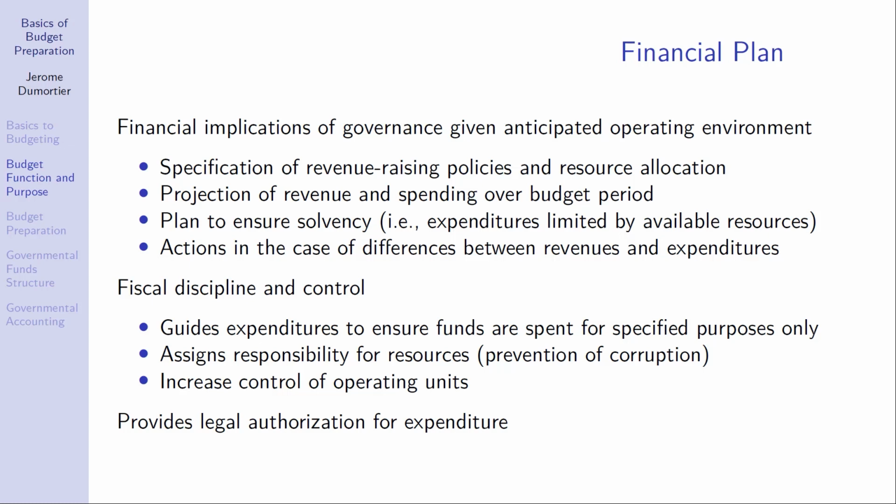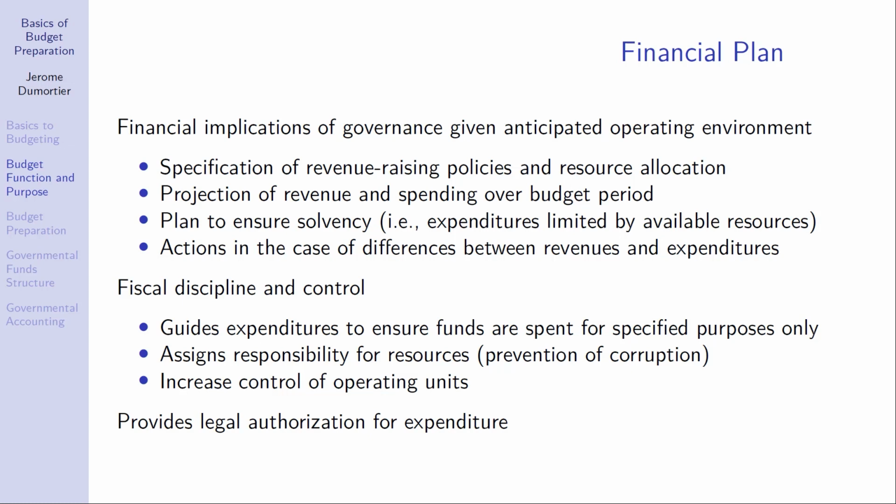It projects revenue and spending over the tax period, and it also has to make sure that the revenue and the spending are actually aligned, in the sense that the expenditure or the spending is not exceeding the tax revenue or the revenue.